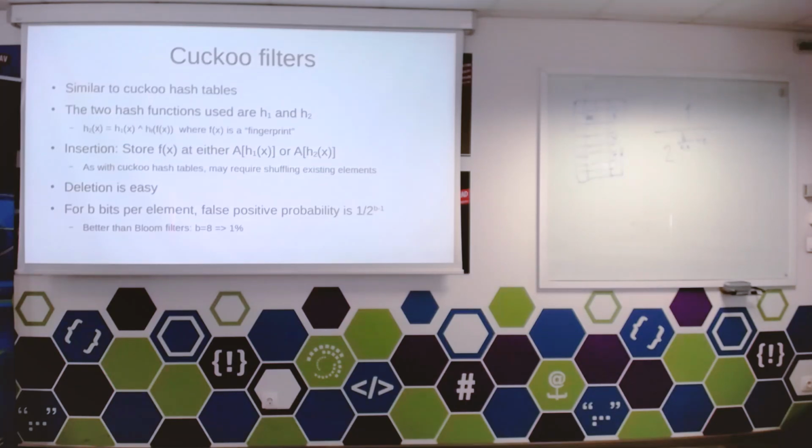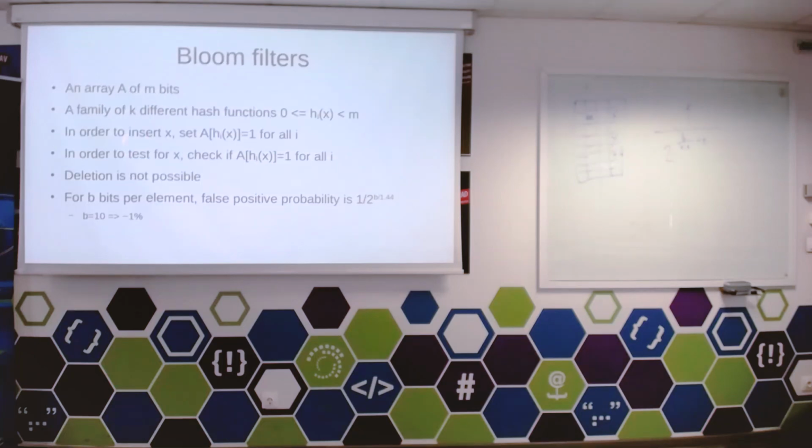Or even if you put this in memory, you only need to fetch 2 cache lines, which is decent. Unlike Bloom filters, where you need to fetch k cache lines. There are variants of Bloom filters that store the bits differently, so that you need to load from fewer memory locations, but they are slightly less efficient.